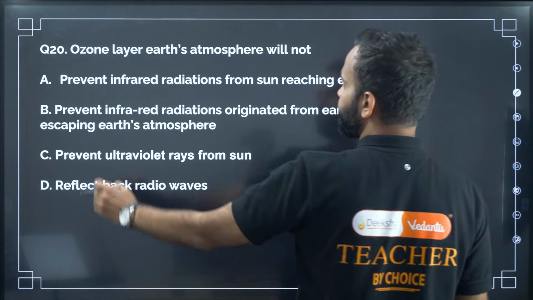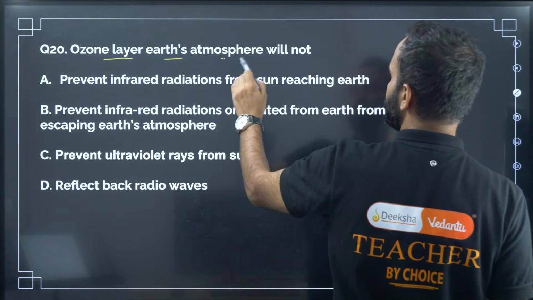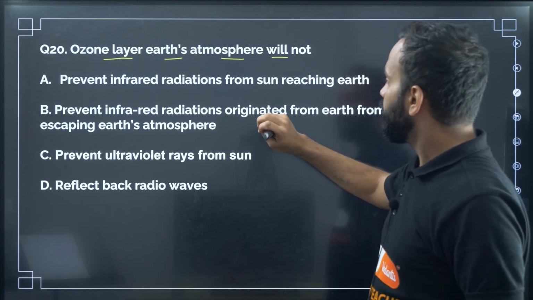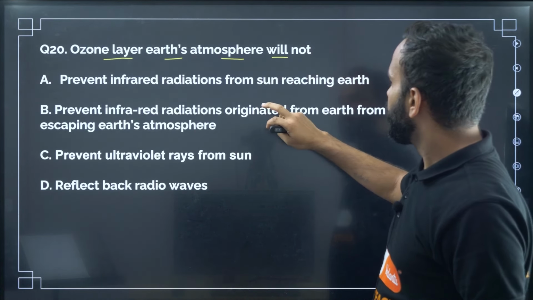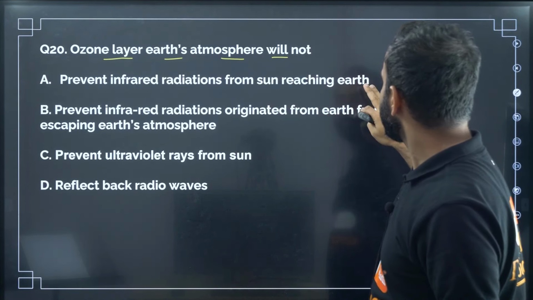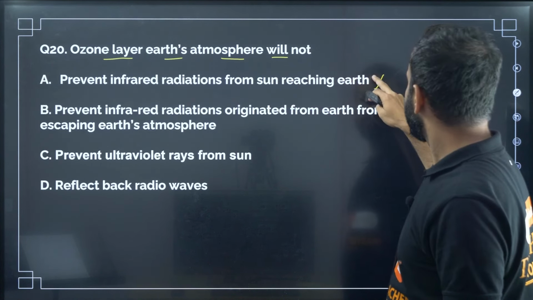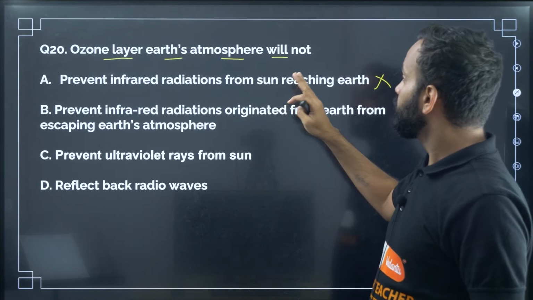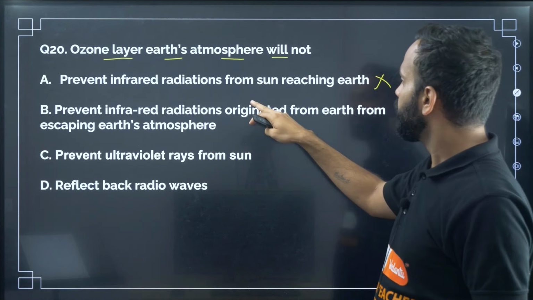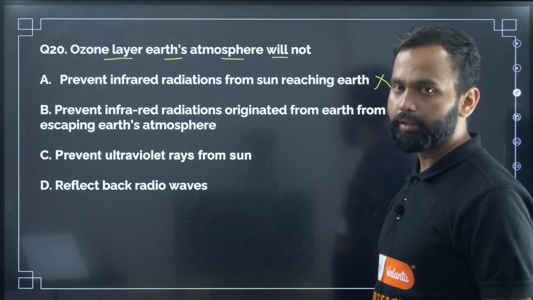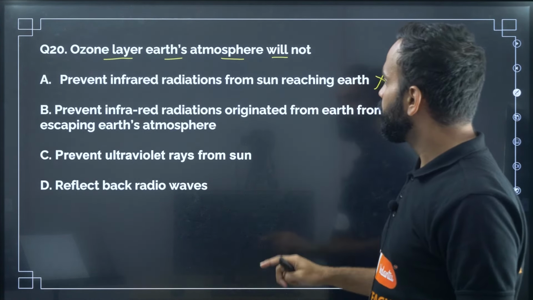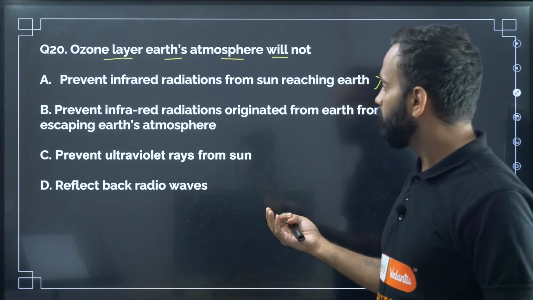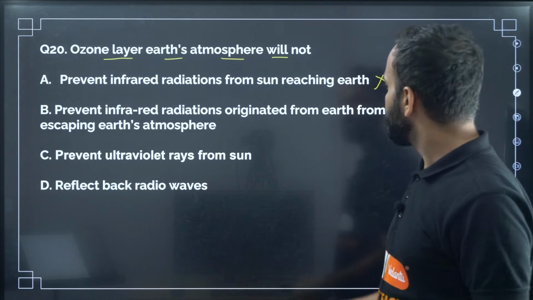Question number 20. Ozone layer, Earth's atmosphere will not... Option A says prevent infrared radiation from sun reaching Earth. This is wrong. Why? The ozone layer will prevent ultraviolet radiation from the sun reaching the Earth.